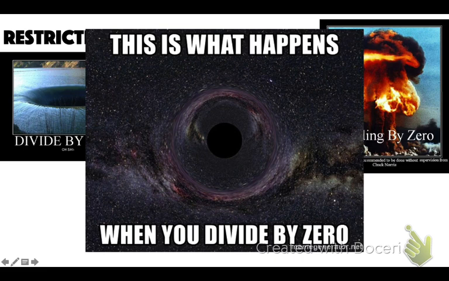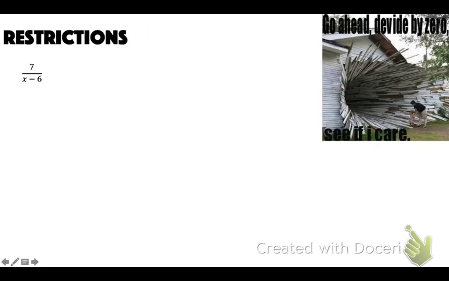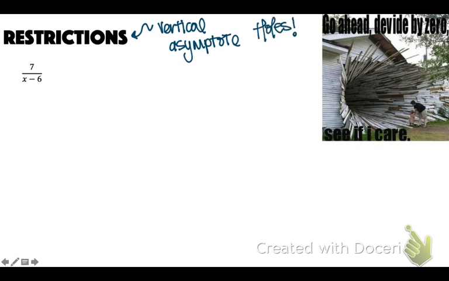Okay, you cannot divide by 0. So that's where we come up with restrictions. These are the same as when we were graphing; these would have been our vertical asymptotes and our holes. Those are the restrictions because that's where we're dividing by 0.